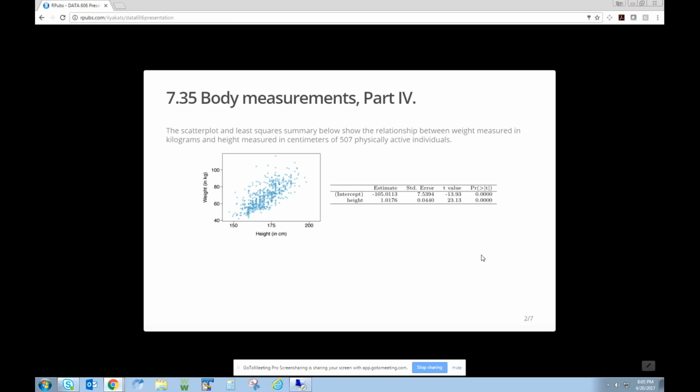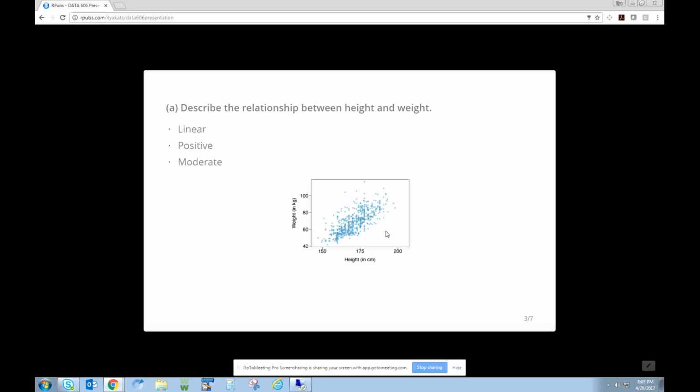They give you the scatter plot and the summary table. So part A is the relationship, and just based on the scatter plot, it does appear to be linear. It's definitely positive, and it seems like there's a moderate, maybe strong relationship between the height and the weight.